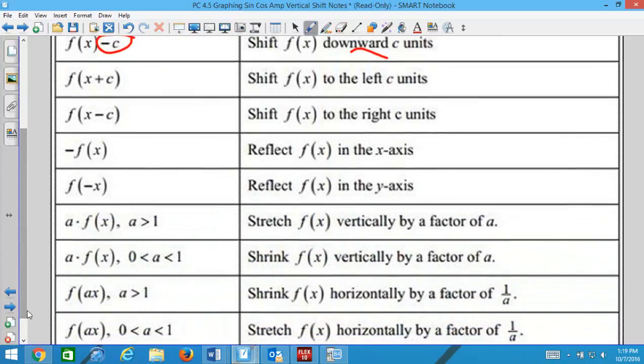If there is a negative outside, that's a reflection in the x-axis, a vertical reflection. If there is an actual number there, that would be a stretch vertically or a shrink vertically, depending on if the number is greater than 1 or between 0 and 1. So this is all prior knowledge.